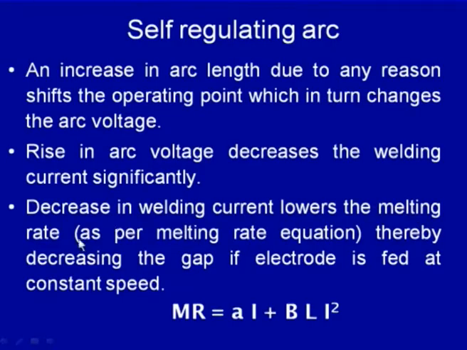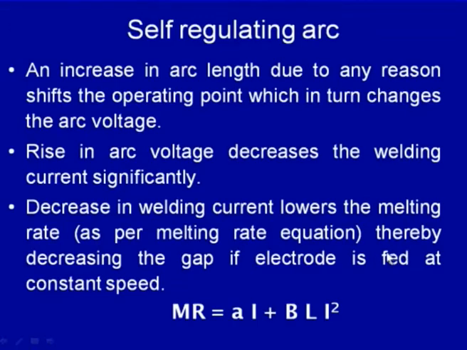This decrease in welding current, we know, lowers the melting rate based on this equation, which suggests that the melting rate is a function of AI plus BLI square. Especially in the case of high resistivity materials, small electrodes, and those with a large extension, the melting rate is significantly controlled by the welding current.